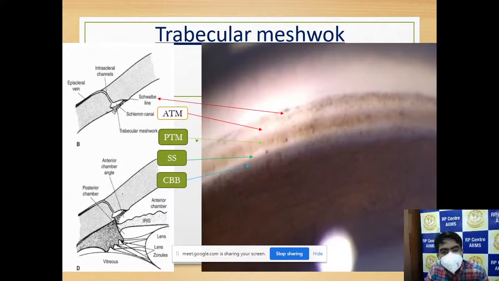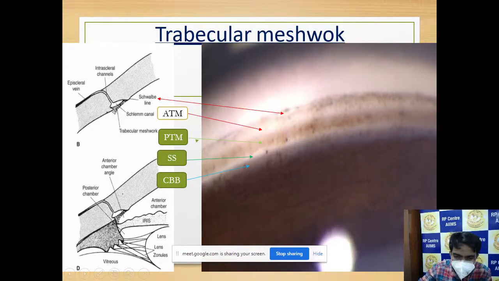Then coming to the normal structures of the anterior chamber angle on gonioscopy, you can observe the non-pigmented whitish line here, that is Schwalbe's line. There is mild pigmentation anterior to Schwalbe's line, and there is a non-pigmented whitish layer which is the anterior trabecular meshwork, and there is a dense pigmented layer which is the posterior trabecular meshwork, the actual trabecular meshwork.